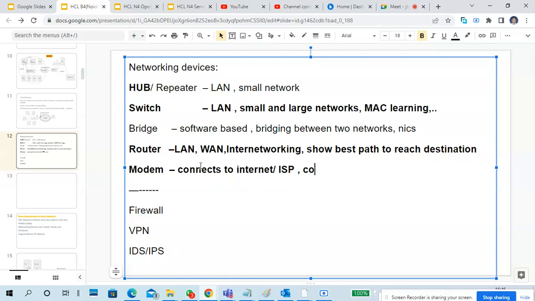It is very simple. It connects to the internet or ISP using telephone wires. In olden days we used telephone wires.